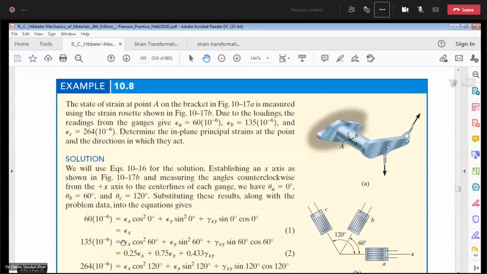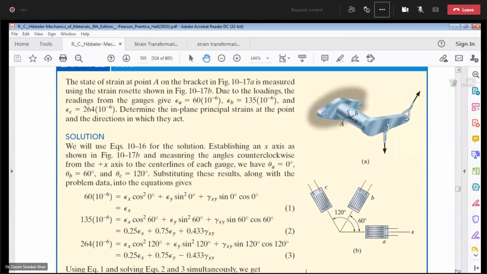Epsilon B is equal to epsilon x cos square theta B plus epsilon y sine square theta B plus gamma xy sine theta B cos theta B. So theta B is 60 degrees, epsilon B is 135 microstrains. Yes sir, this is the equation.